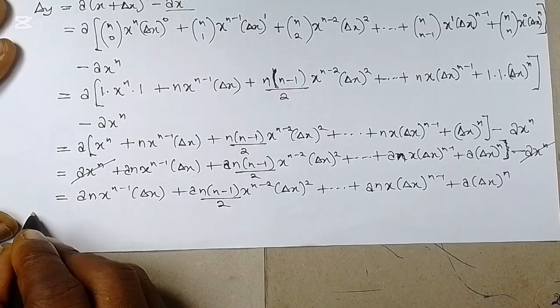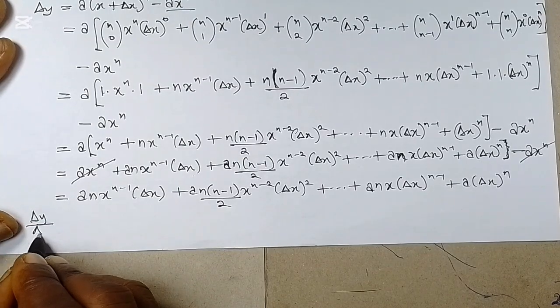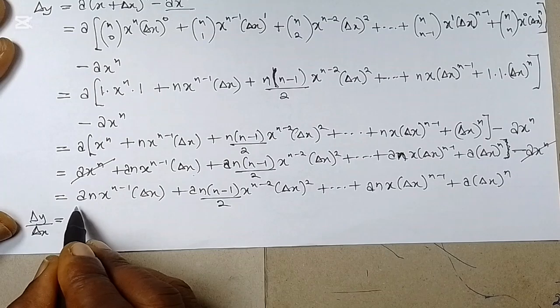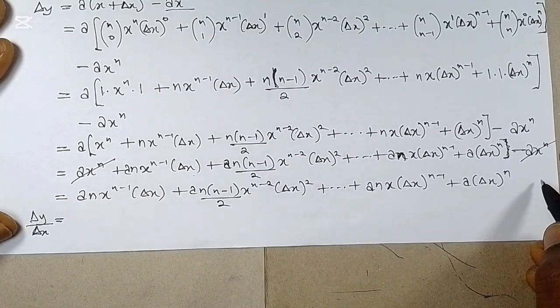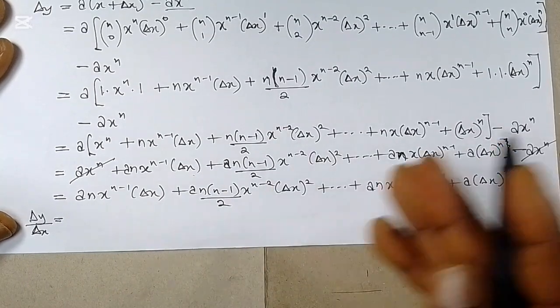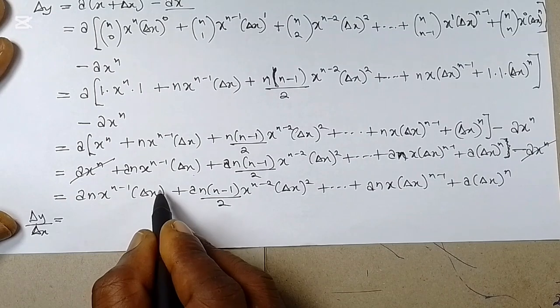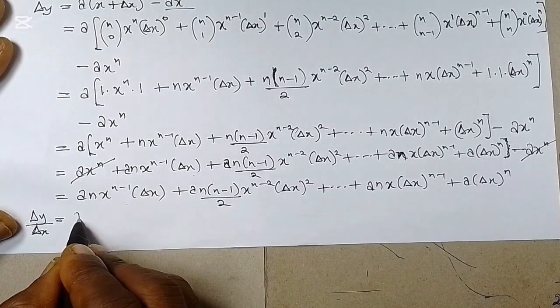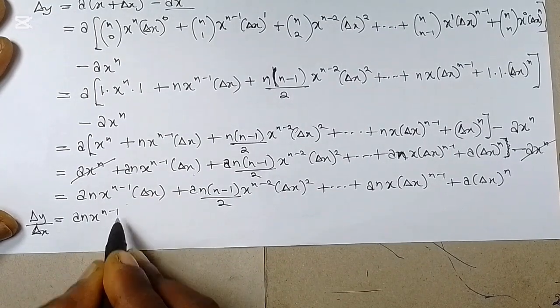Now when we get the gradient function, change in y over change in x, you will end up dividing everything here. Every term in the right hand side will be divided by change in x. If you divide this side by change in x, you will end up having a n x^(n-1).